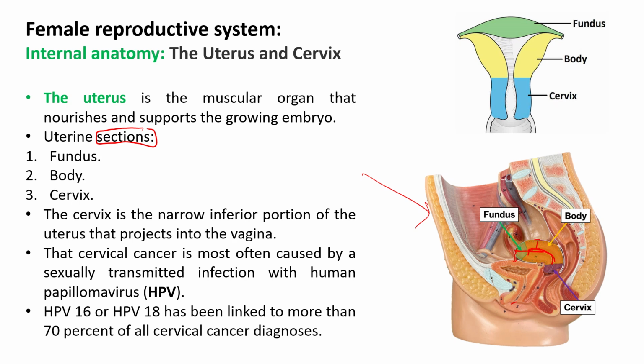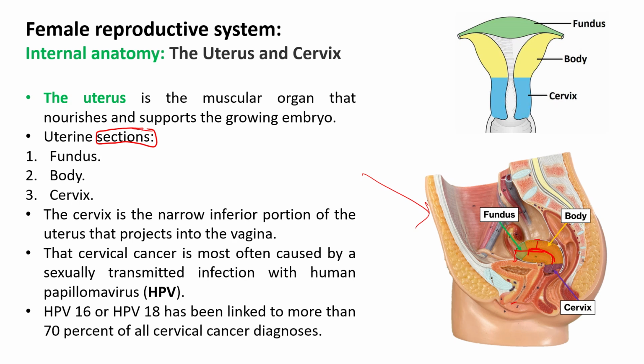We need to learn the location, the sections, the thickness, the walls, and the ligaments that keep not just the uterus but the rest of the reproductive system organs in place. In just a minute we'll learn which ligaments are associated with the uterus to keep the organ in place.